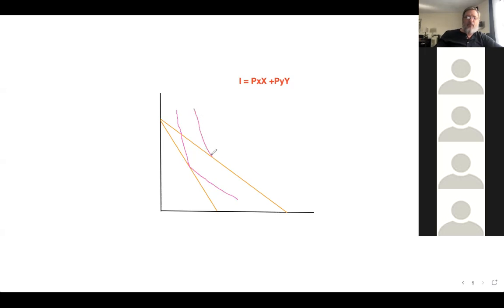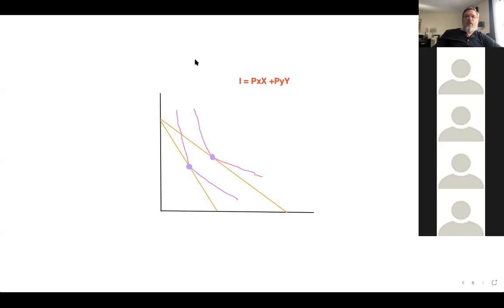And then after the price change, if the price is lowered, I'm going to have a new optimal consumption bundle. So there's my new one, and here's my original one, right?